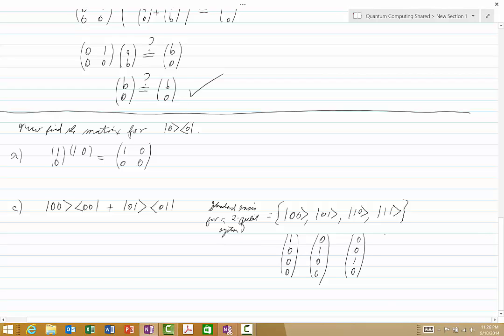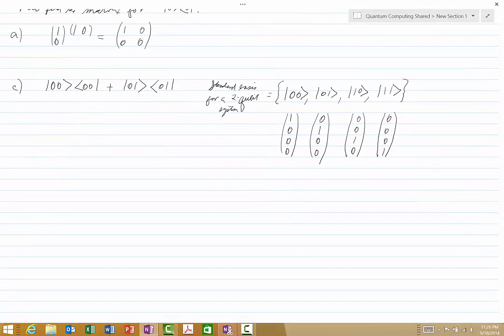And the fourth one will be 0, 0, 0, 1. Okay. Now that you have that information, I believe that you should be able to finish this problem very easily. So I encourage you to stop the recording, give it a shot, and then let's all look at it together.